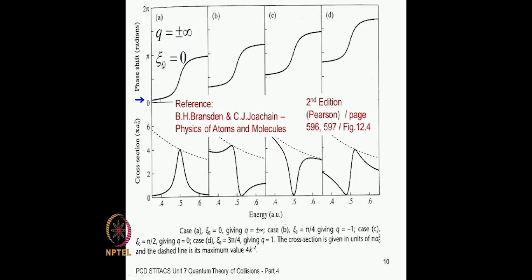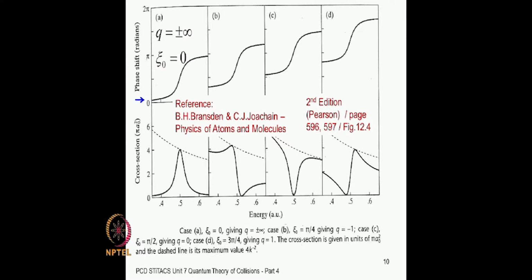So this is for L equal to 0 S wave scattering. That's the example which is discussed over here. And for this case, the background phase shift, which is xi, is 0. So xi 0 is 0, and this would correspond to q being either plus infinity or minus infinity. So you will see how it is related.